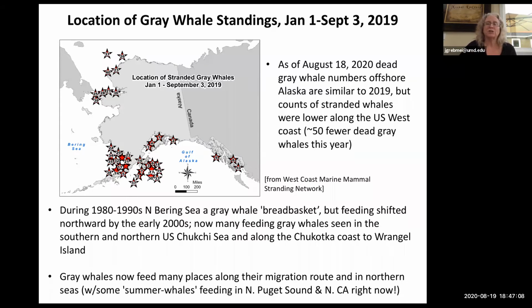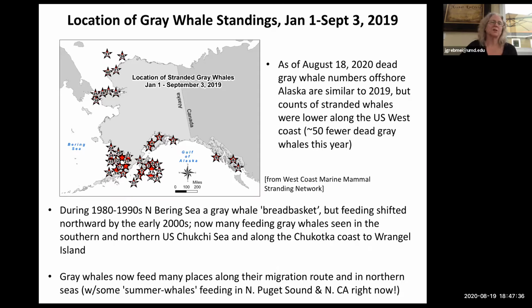So we also are seeing the feeding has shifted northward, although we have food patches here in the Chirikov. But they're seen as far south and north as the Chukchi. And during our US-Russian Rusalka program that we used to have, they were already over here to Wrangel Island. That was the Russian-American Long-Term Census of the Arctic that used to be under NOAA and previously under Fish and Wildlife.